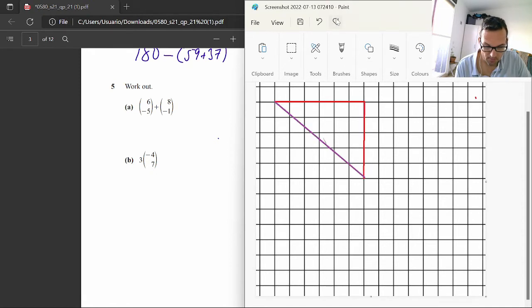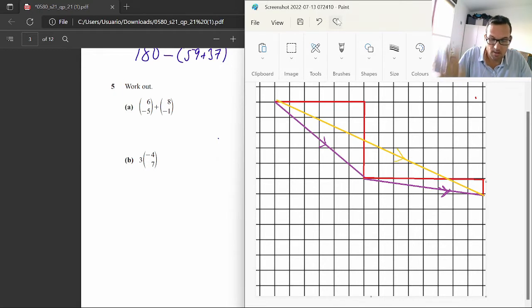So that gives us that vector there, going in that direction. Then we have the next vector moving on from there, 8, minus 1, which means we're moving 8 units to the right because it's positive, and 1 unit down because that's negative. That gives us another vector. Now when we add these together, what we're doing is we're making this one big vector like that.